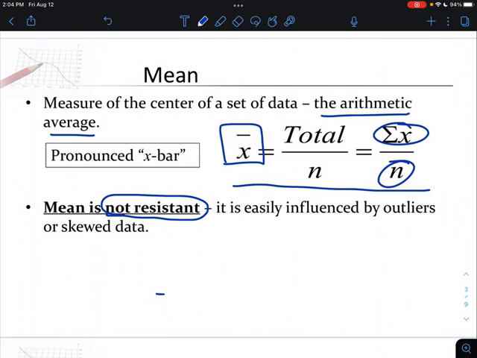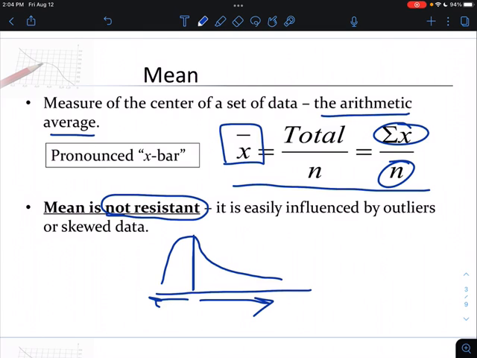And so what we mean by that is if I were looking at a distribution and let's say it was skewed to the right, what's going to happen is the median is going to stay as close to the center as possible. So the median is going to be pretty much right where we'd expect, where we've got 50% to the left and 50% to the right. Now the mean doesn't care about being directly in the middle of all the data values. It wants to know what's the average of all the values in the particular set.